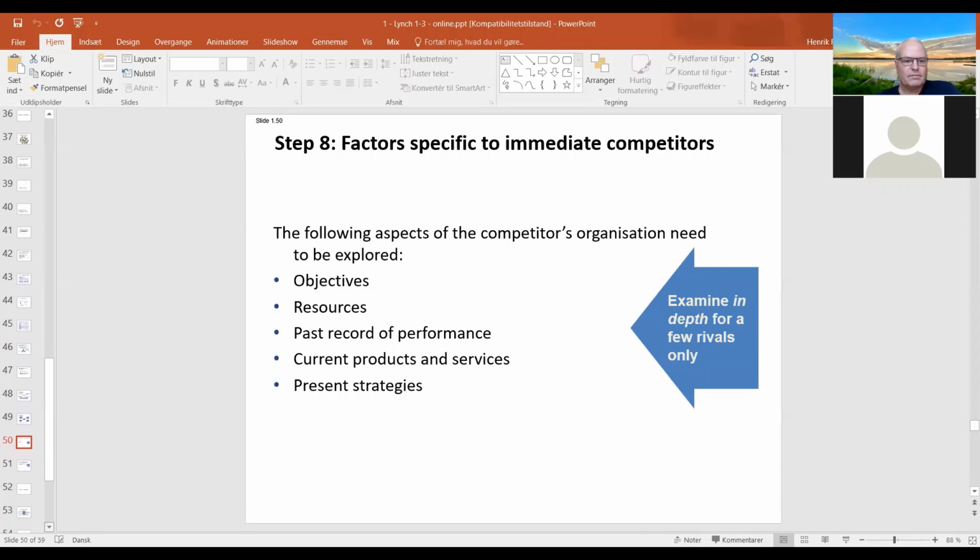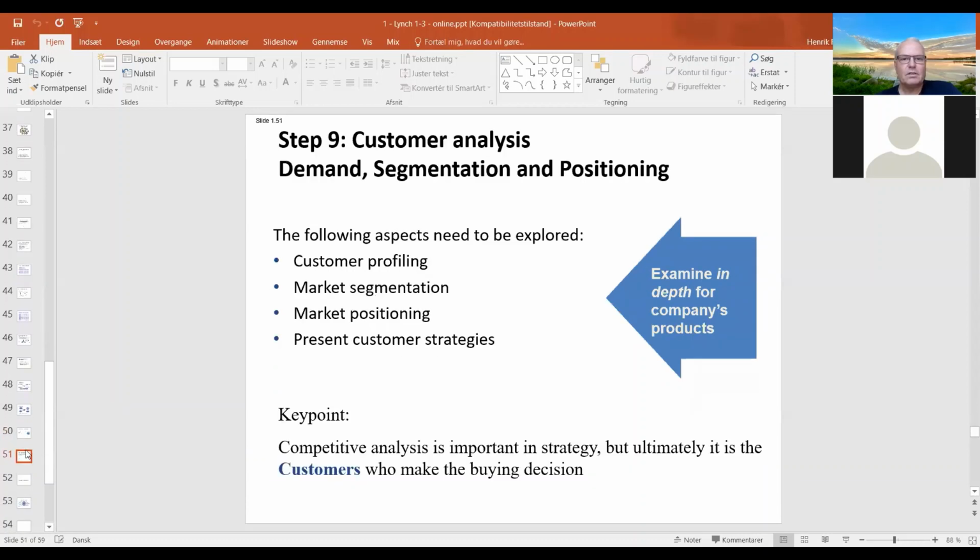And then we have customers, step 9. Here we have customer profiling, segmentation, positioning, strategies that we have right now, and what about buying situations, etc. So there are lots of things we can look into.